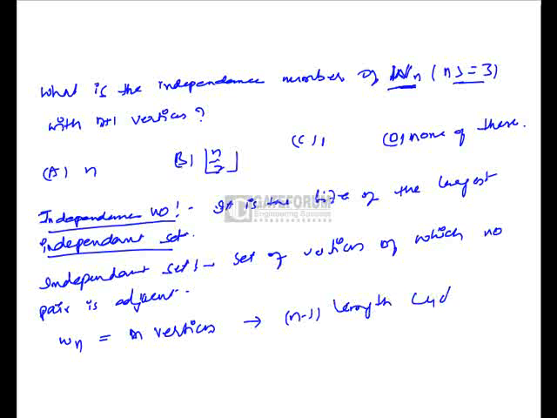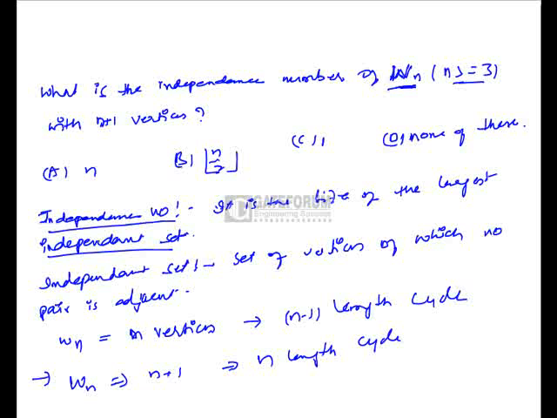Some authors use n to represent the cycle. In that case, when Wn contains n plus 1 vertices, an n length cycle will be there. So here we have used the second notation for representing the wheel graph.